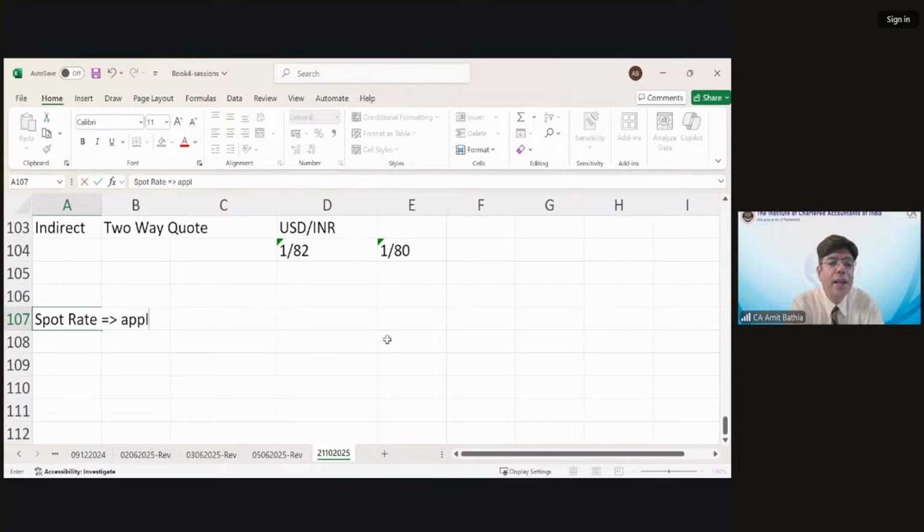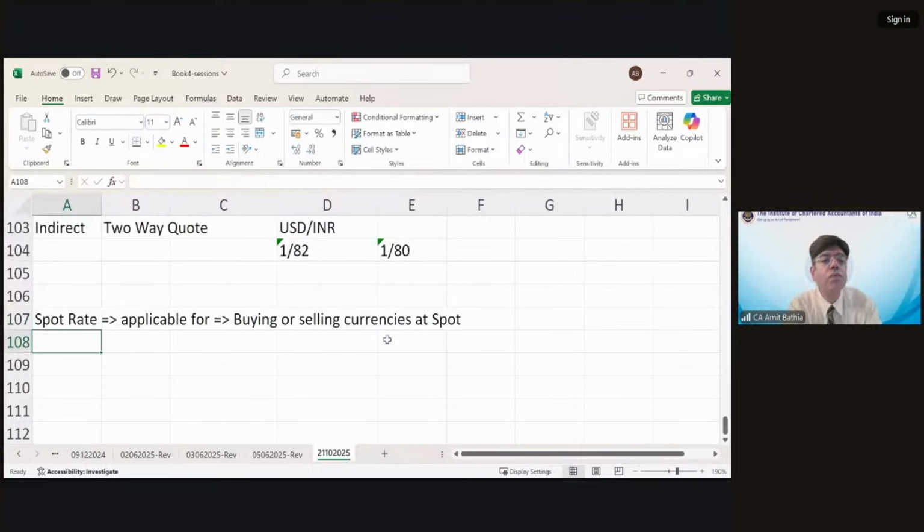So it is applicable for any transactions that you are doing, buying or selling currencies at spot, meaning currently, today, right now. That is called spot rate.